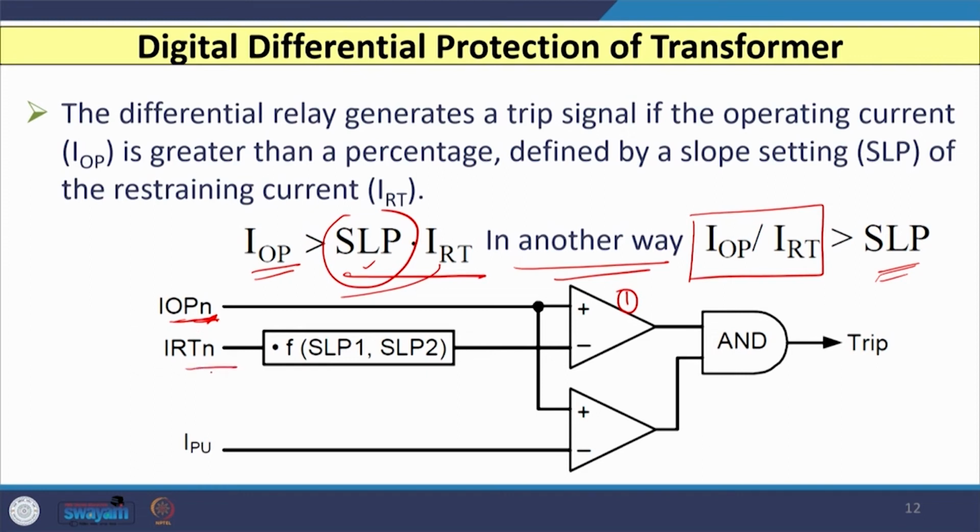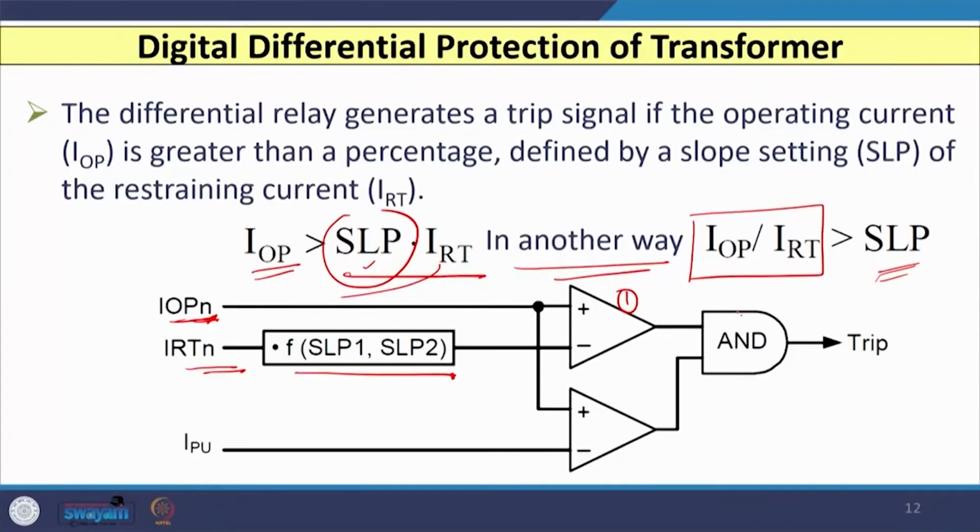You will have the restraining current also in phasor form, and that is multiplied with the slope depending upon whether you use single slope characteristic or dual slope characteristic, and that is given to the AND gate.